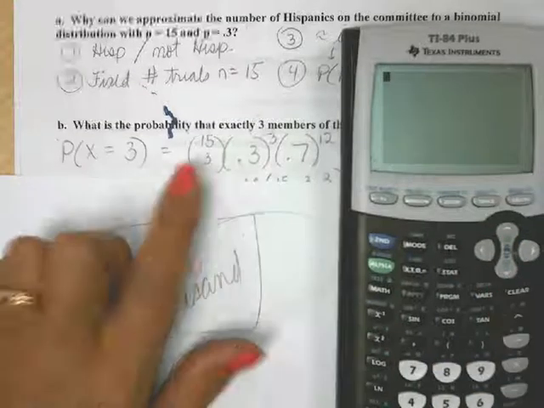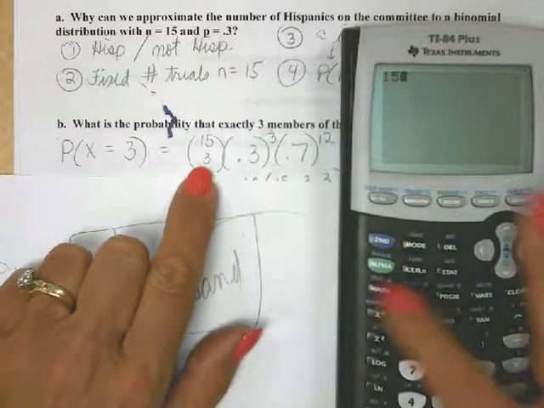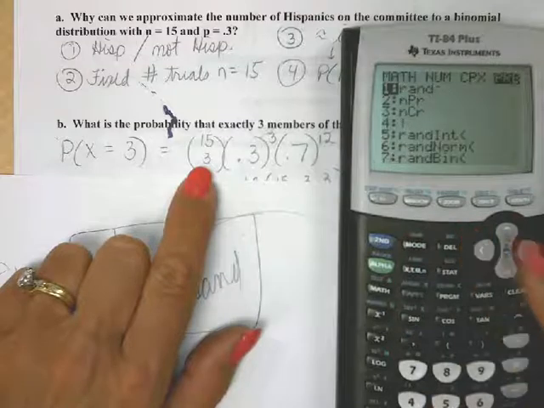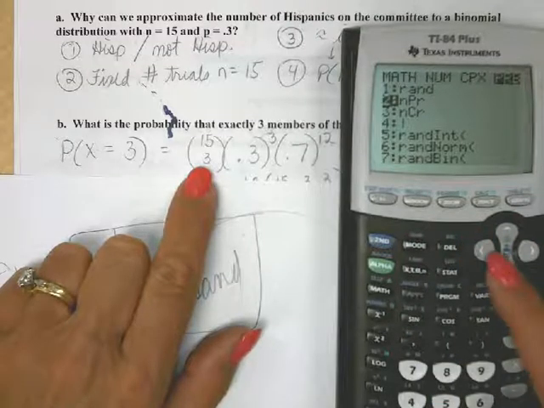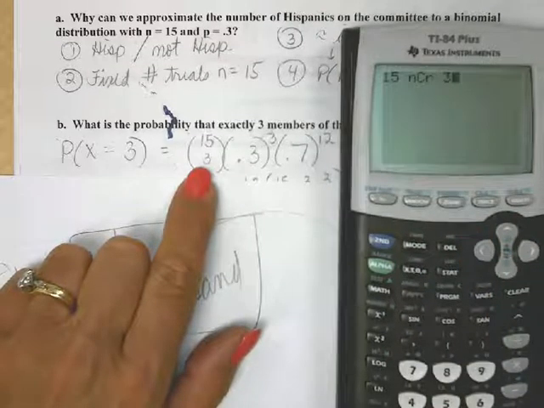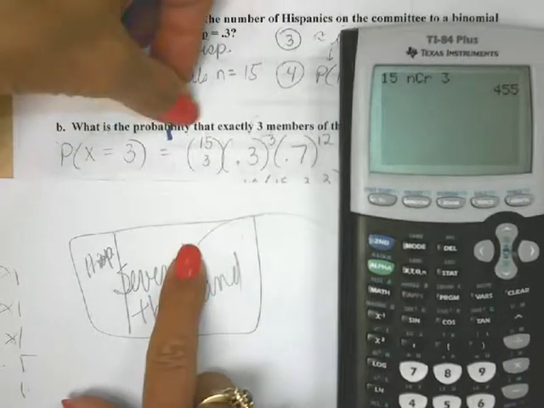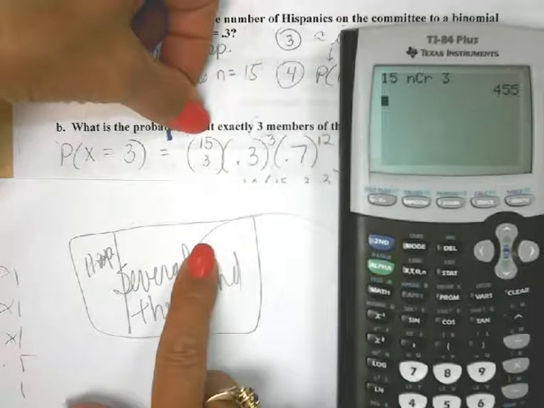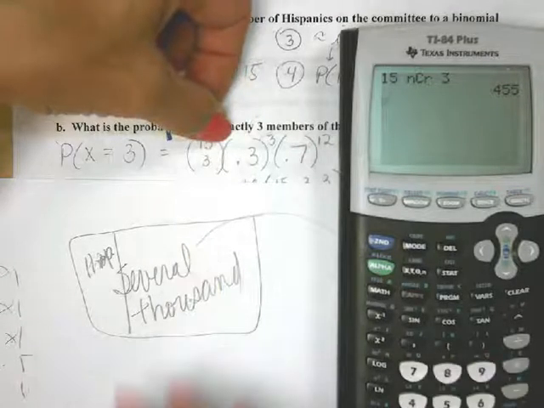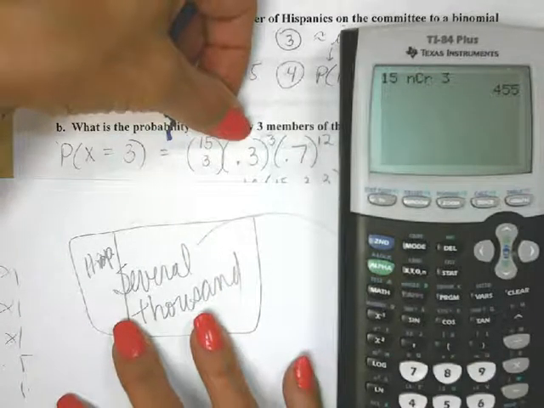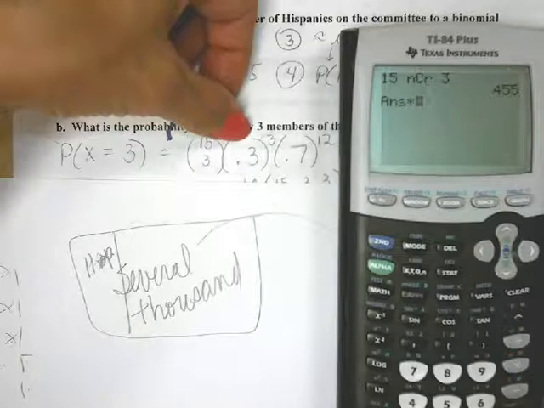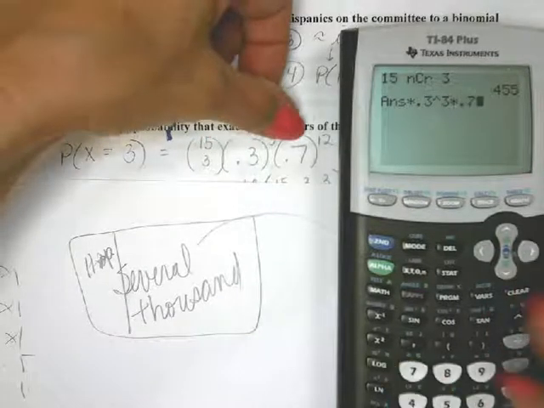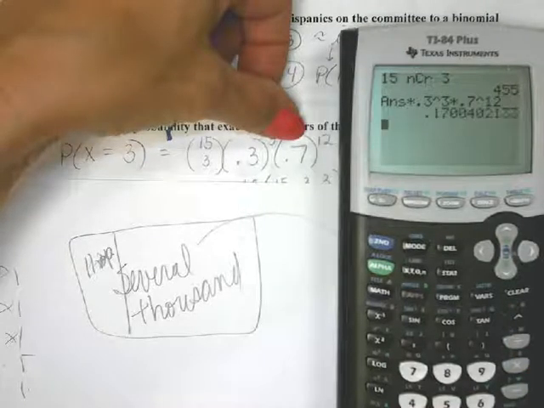So I could take 15, math, probability, nCr, choose 3. There actually are 455 ways to pick 3 people out of 15 to be in specific positions for where the Hispanic people are. And then I could multiply that by 0.3 to the 3rd power times 0.7 to the 12th power. And now I have my probability.